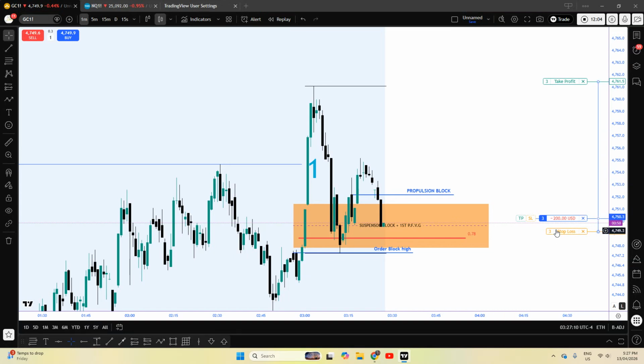Notice I'm not moving my stop loss, so it stays intact there. So I see rejection with speed to the upside.